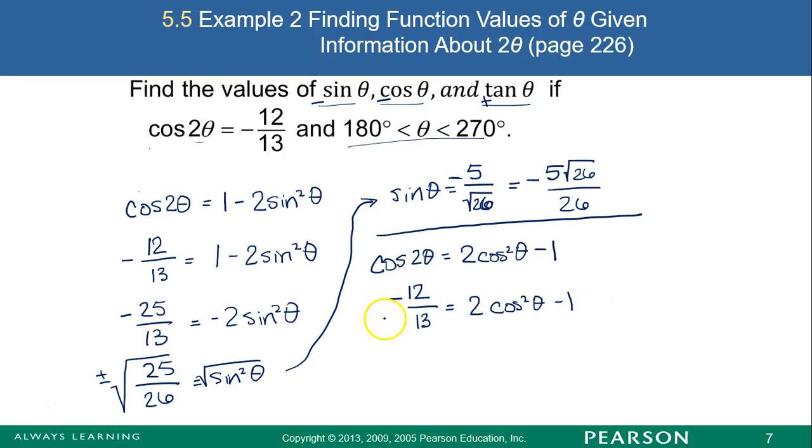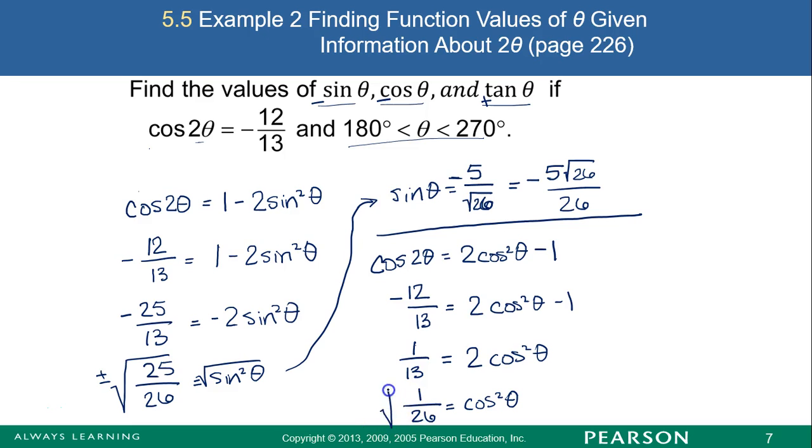And then we solve for cosine just like we solved for sine over here. So add 1 to both sides. You will get 1/13. That's equal to 2 cosine squared theta. And now divide both sides by 2. You get 1 over 26. It's equal to cosine squared.